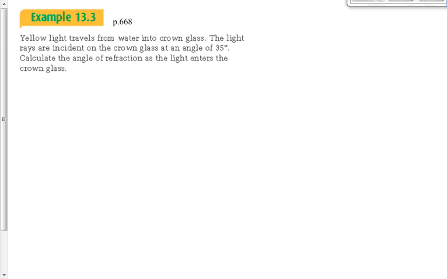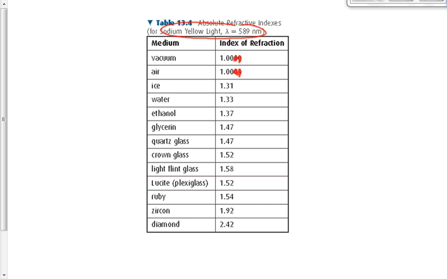It says yellow light, which is what we had our data for, travels from water into crown glass. The light rays are incident on the crown glass at 35 degrees. So let's draw this out here before we get too far. This is water. This is crown glass. Let's say the index of refraction for water is 1.33.